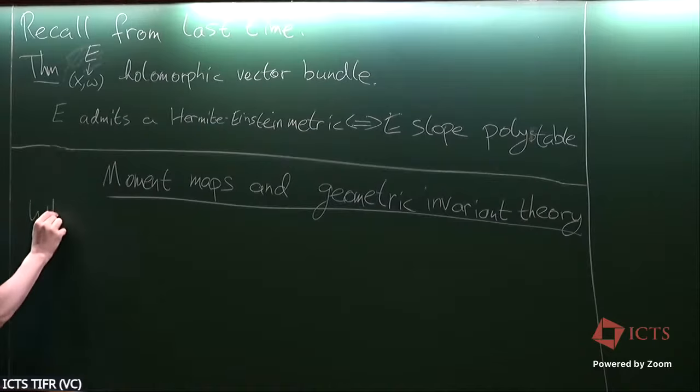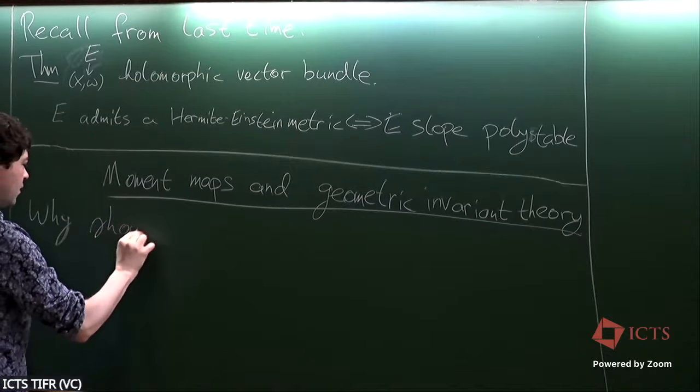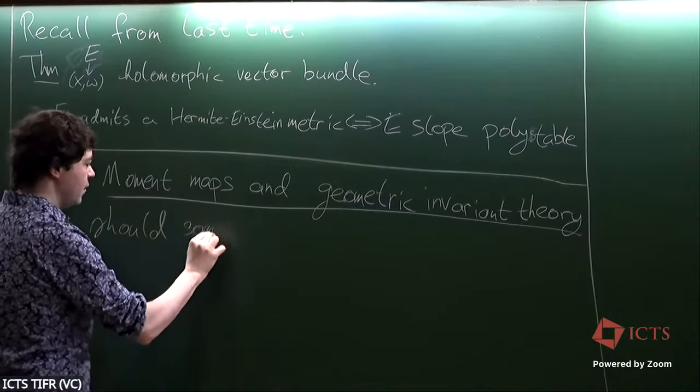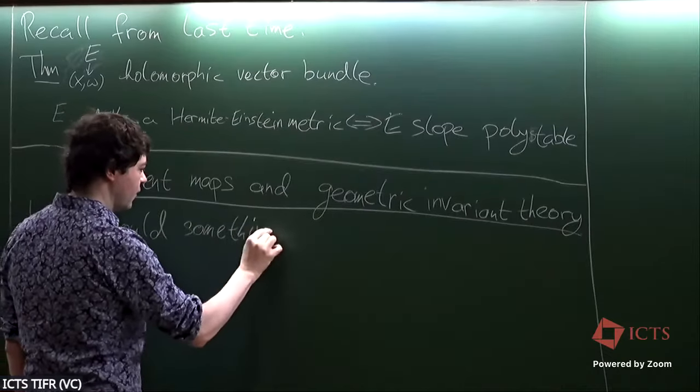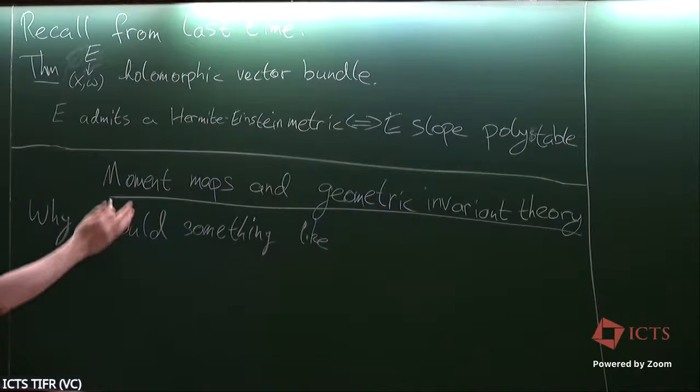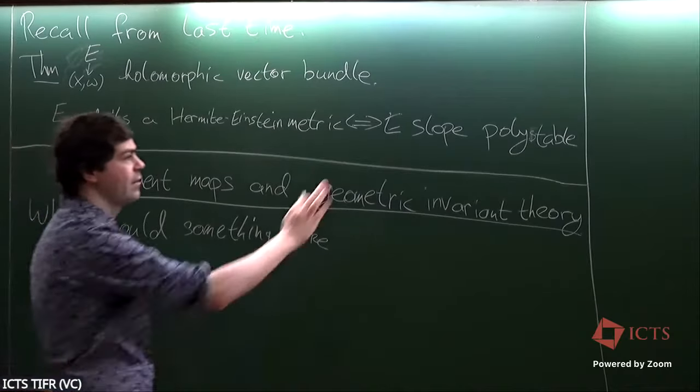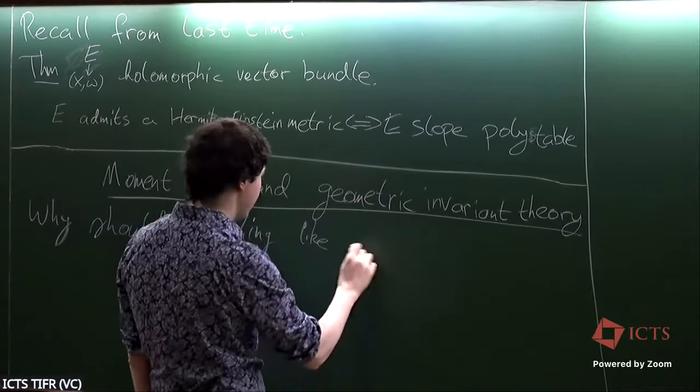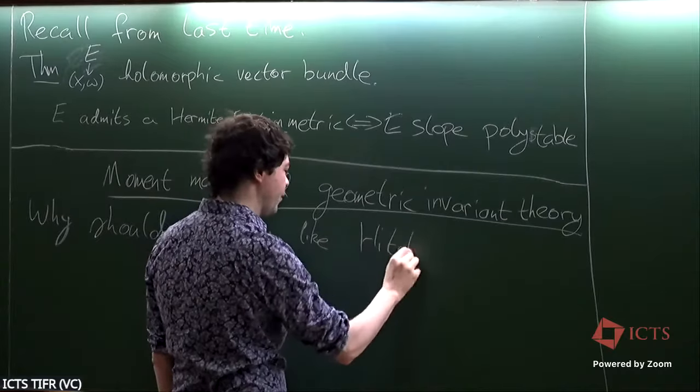So the first topic today is why should something like the Hitchin-Kobayashi correspondence, namely the equivalence between some kind of geometric PDE condition and an algebraic geometric condition, why should this actually be true?